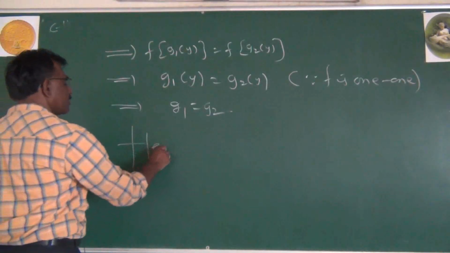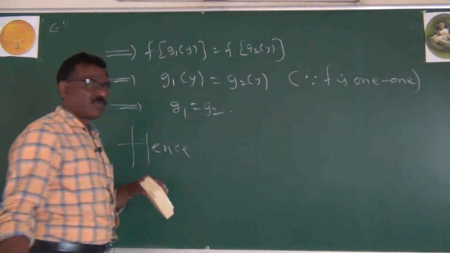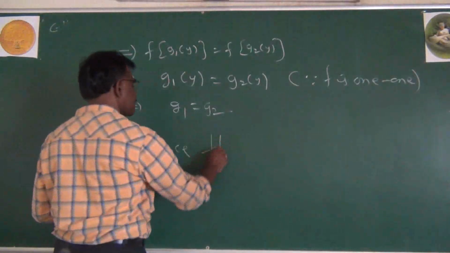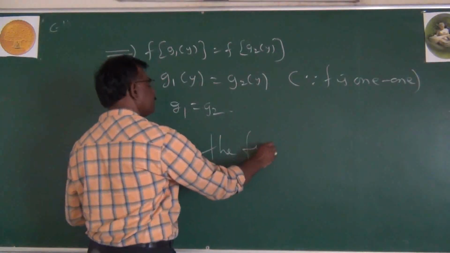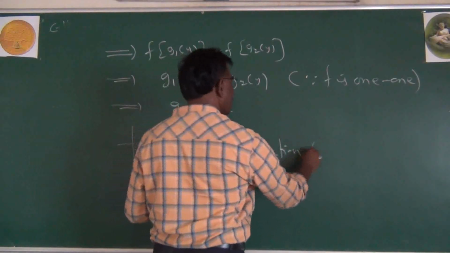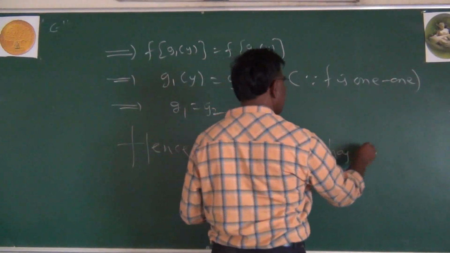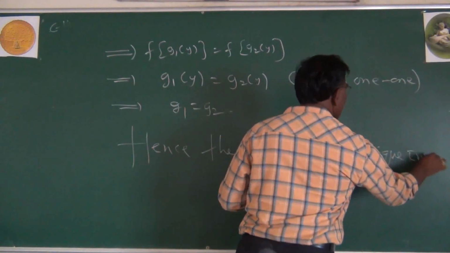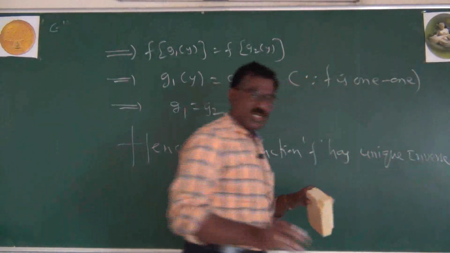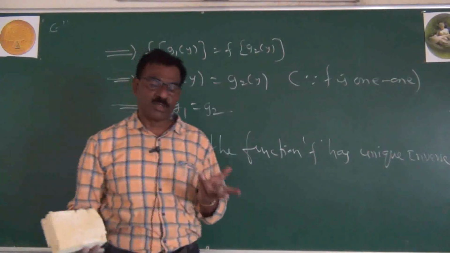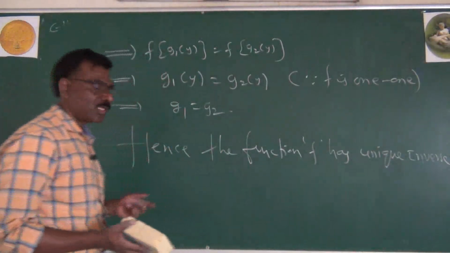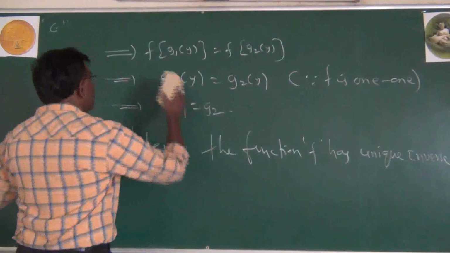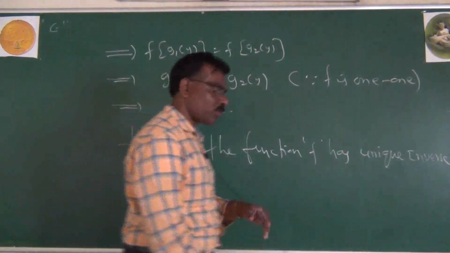Hence, the function f has uniqueness. It has uniqueness. Only one inverse exists. This is the important property.